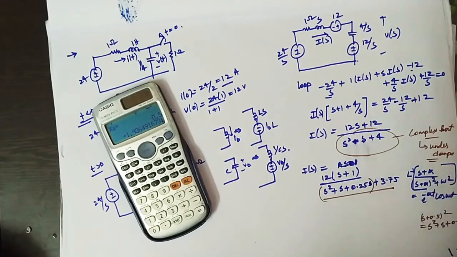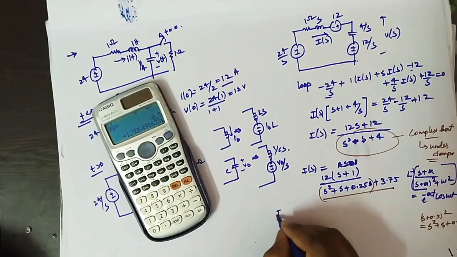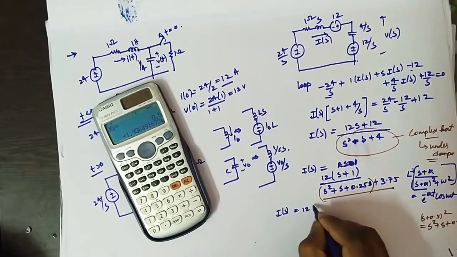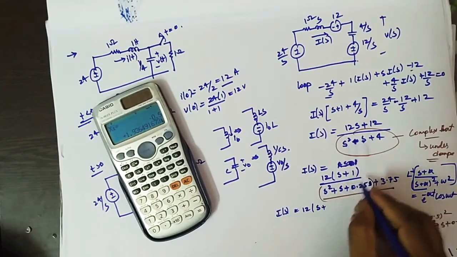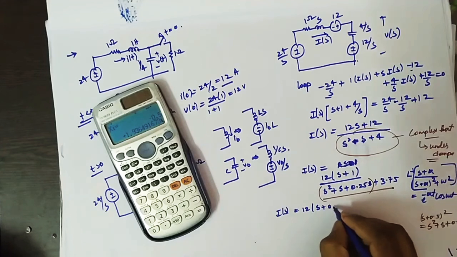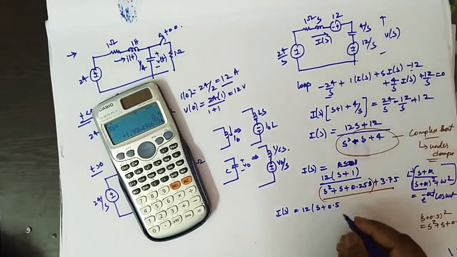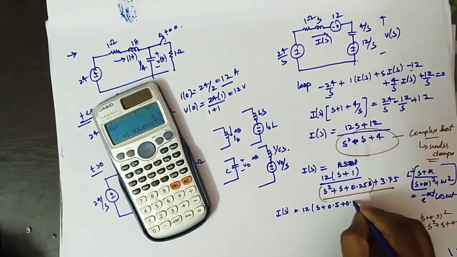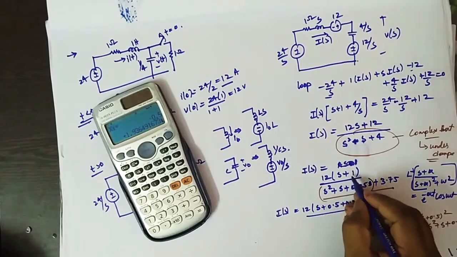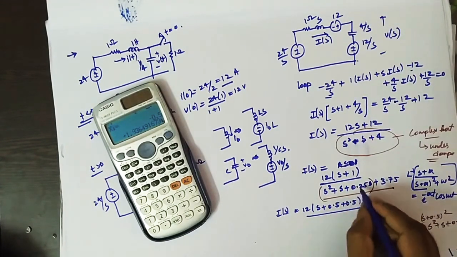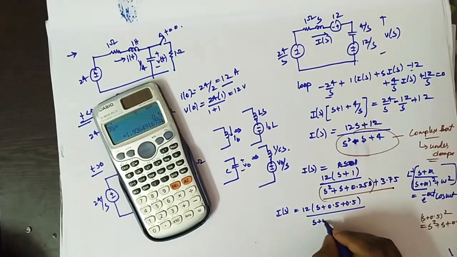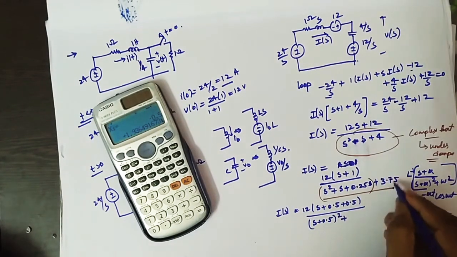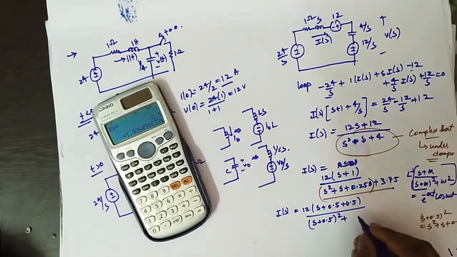Okay, now I of s equals 12 into s plus 1, and s plus 1 can be written as s plus 0.5 plus 0.5. So this term will be represented as s plus 0.5 whole square plus the root of 3.75, which is 1.93, whole square.